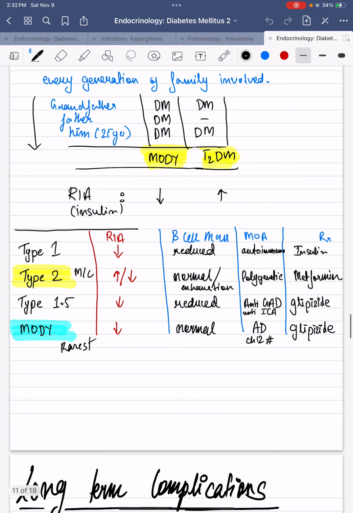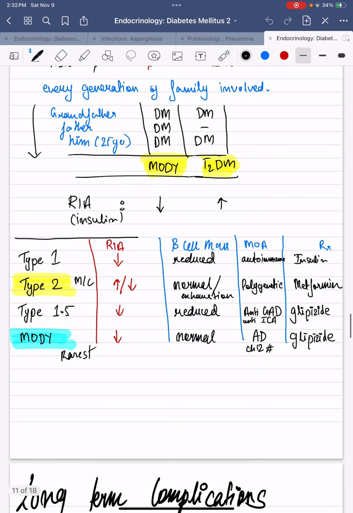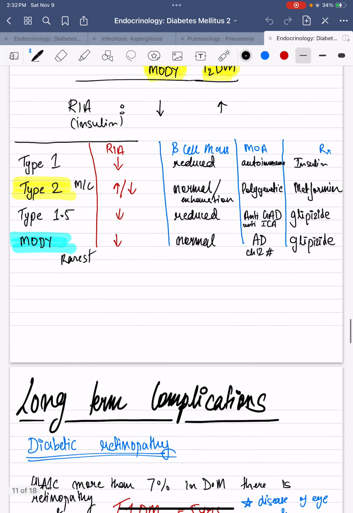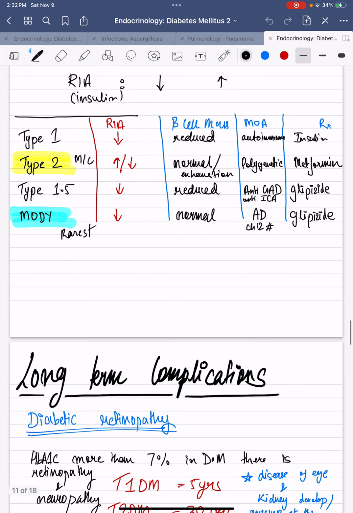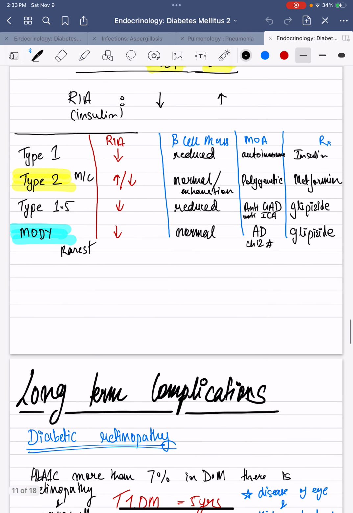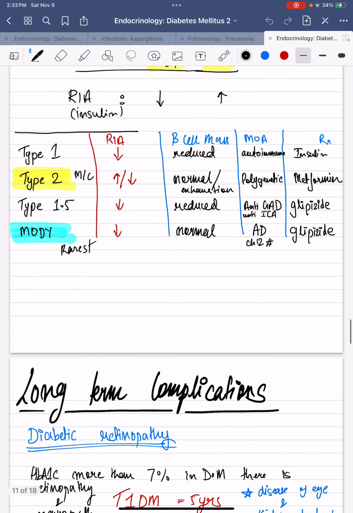And if you do radioimmunoassay, the insulin levels in MODY will be low because there is insulinopenia, but in type 2 diabetes mellitus, RIA always comes high. So here is a comparison of different types of diabetes. In type 1 diabetes, the radioimmunoassay of insulin will be low.